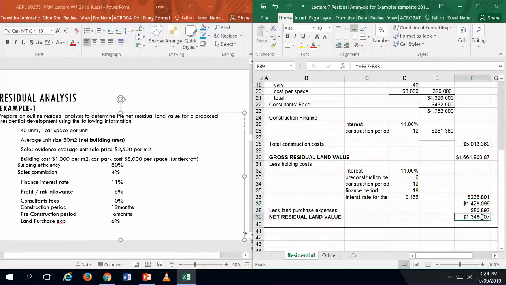Again, guys, what does this 1,348,000 mean? It's the maximum you can pay for the land. That's the maximum amount you should pay for the land. Is that the valuation of the land? No. Land value could be 2 million, but you can't pay 2 million.